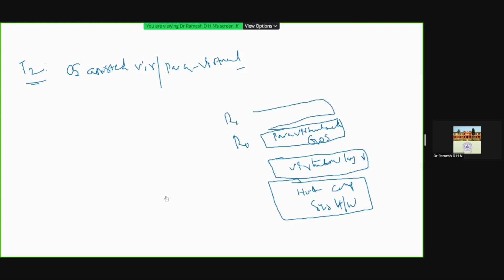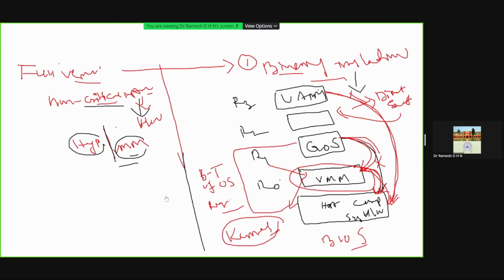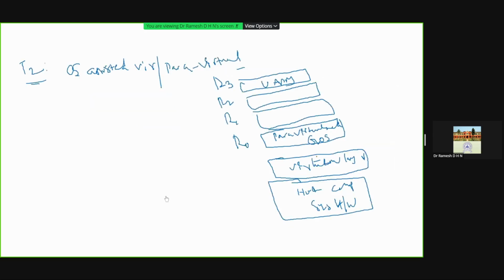No change. Ring 2 also becomes empty. Ring 3 contains the user applications, user apps. See the previous slide: we utilized ring 1 for the guest operating system and ring 0 for the VMM. Under ring 0 with the guest operating system, we have installed the virtualization layer.